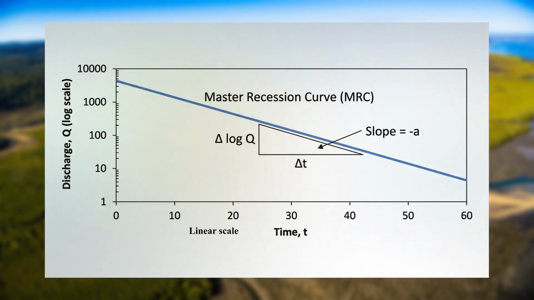The curve plotted on a semi-log paper forms a straight line with a slope of minus A. This is called a master recession curve or master depletion curve. Combining all the recession curves by statistical techniques gives a master curve that gives an average picture of the depletion.